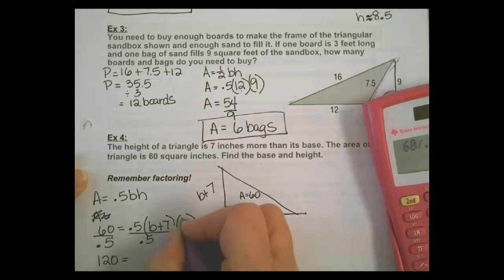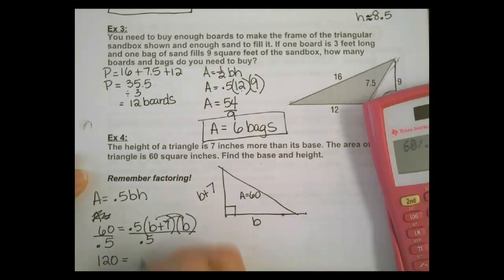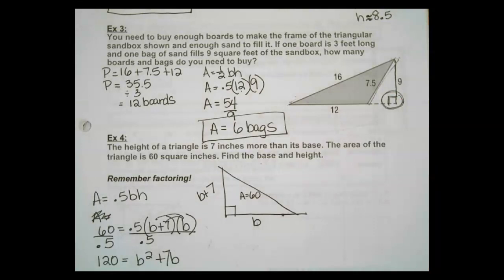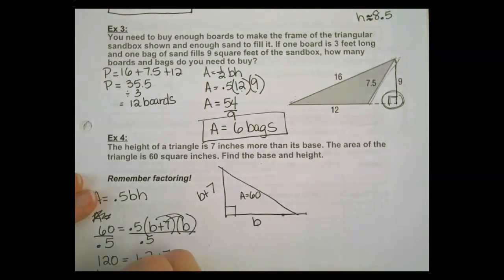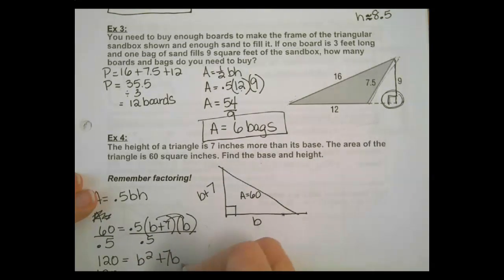So now I'm going to distribute that to make this b squared plus 7b. Okay, I am going to subtract my 120. Oh wow, we're going back in the day now.